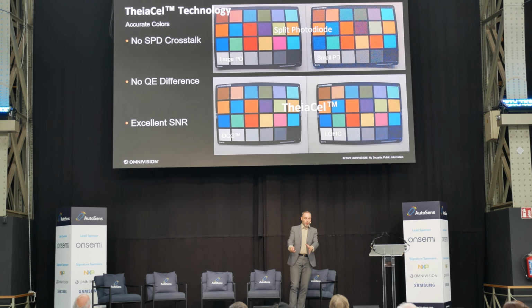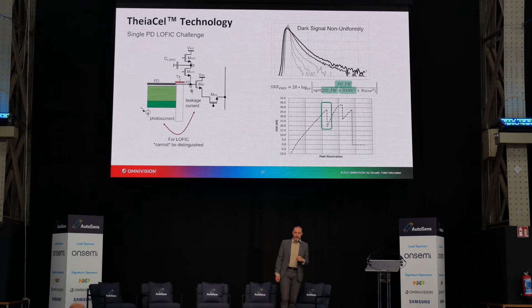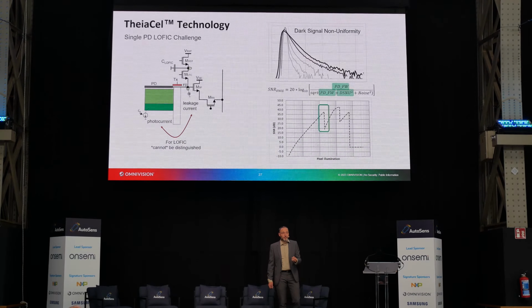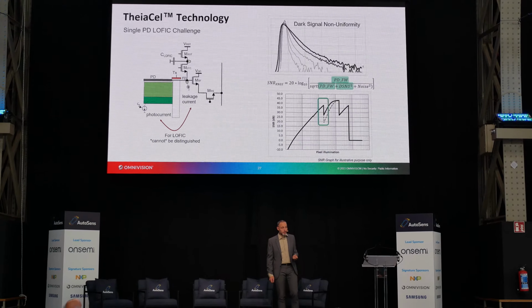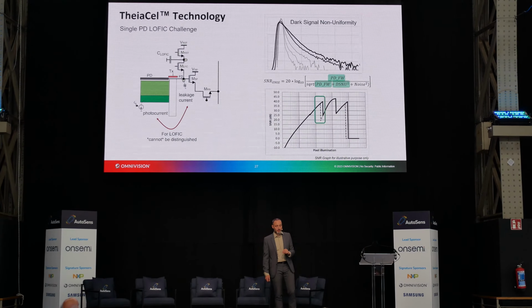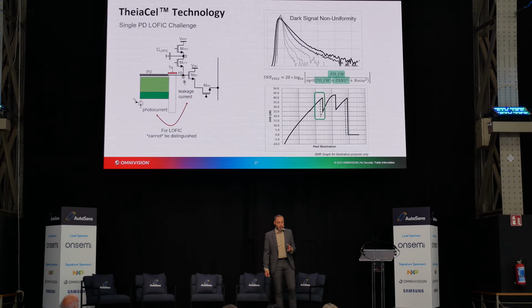And this can be quite severe. This is a bit exaggerated for dramatic effect here. The way to improve this is you either have to drastically reduce the DSNU, increase the photodiode full well, or both.